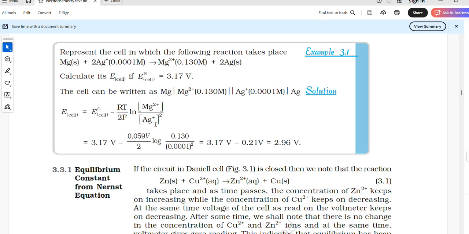Let me try to explain this. Represent the cell in which the following reaction takes place.